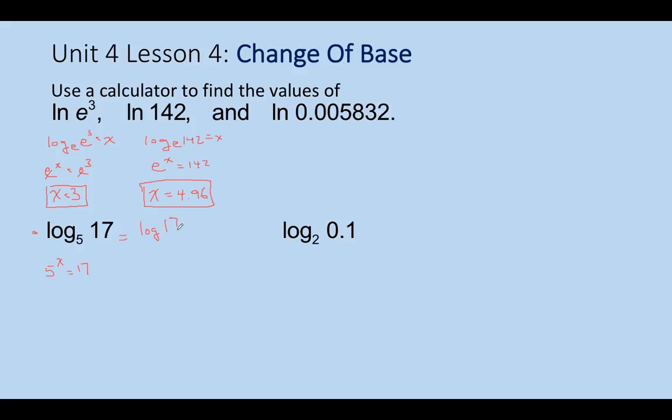But make sure the big number here, 17, the largest number, goes on top. And then log of 5, the tiny number, the base, goes on bottom. And we'll just do this on our calculator. And it looks like we get approximately 1.76, which 5 to the 1.76 would give me 17. All right, you can do that one on your own if you'd like.